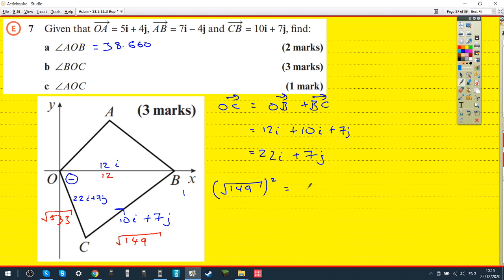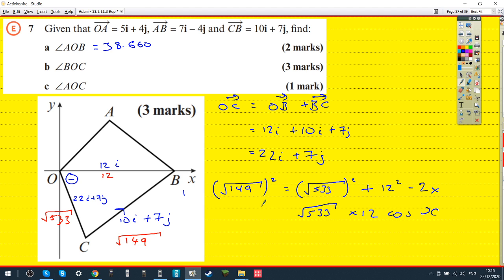Square root 533 squared plus 12 squared minus 2 multiplied by square root 533 multiplied by 12 cos theta, cos c. And then we can put that in. Do you know what the square root of 149 squared is?